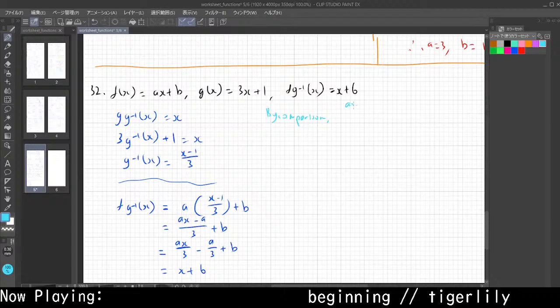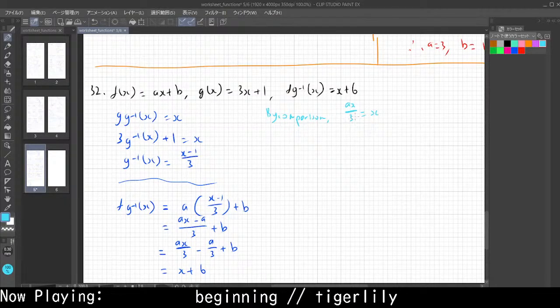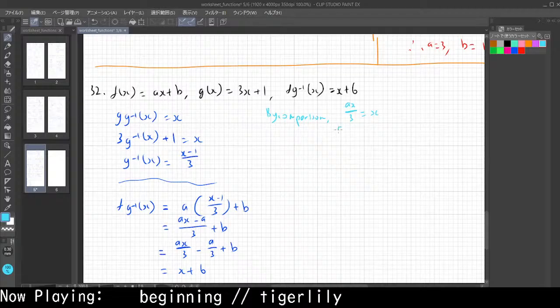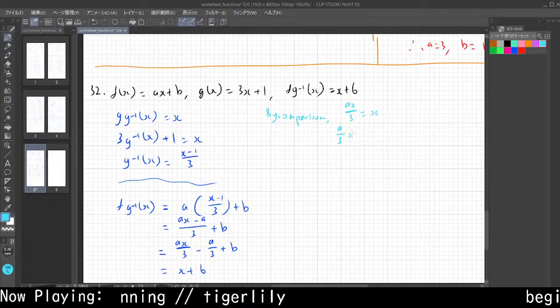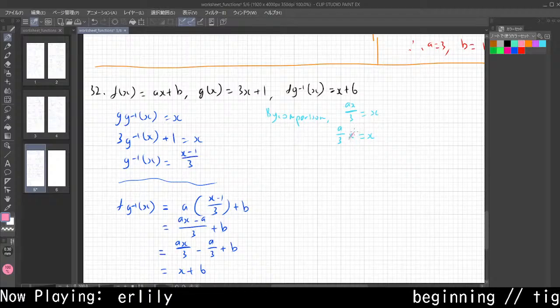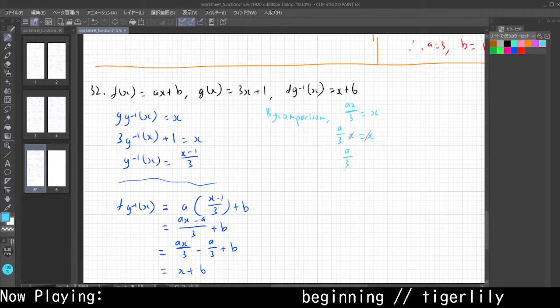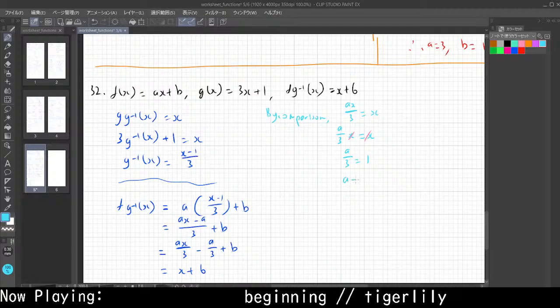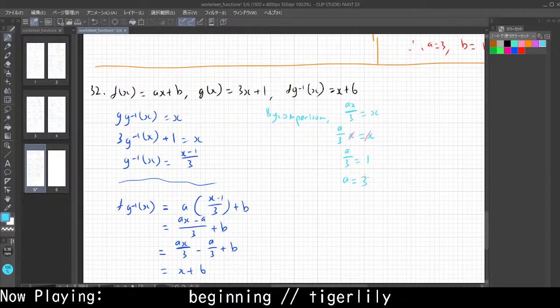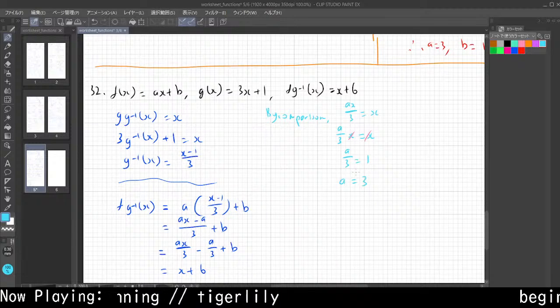So your ax over 3 will compare with your x. This can be written as a over 3 multiplied by x equals x. X and x cancel each other out. You'll get a over 3 equals 1. Therefore, bring 3 over to multiply.